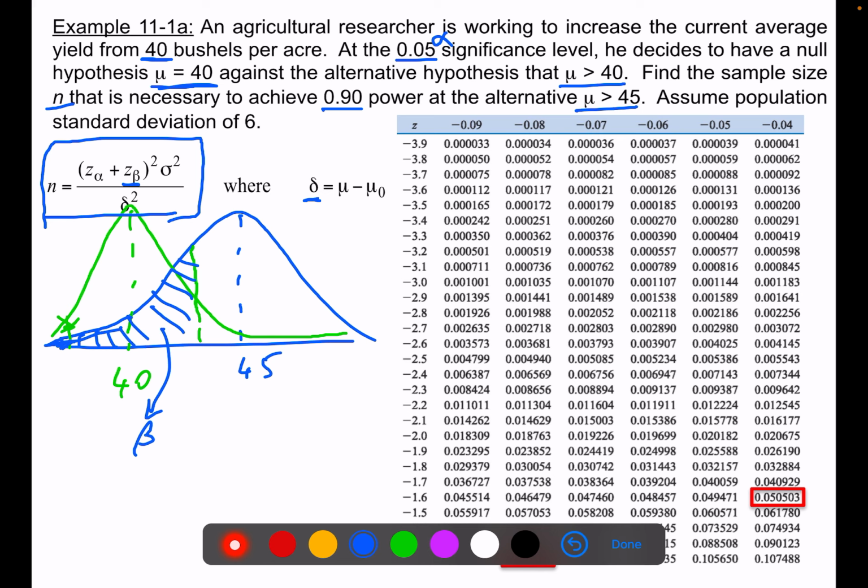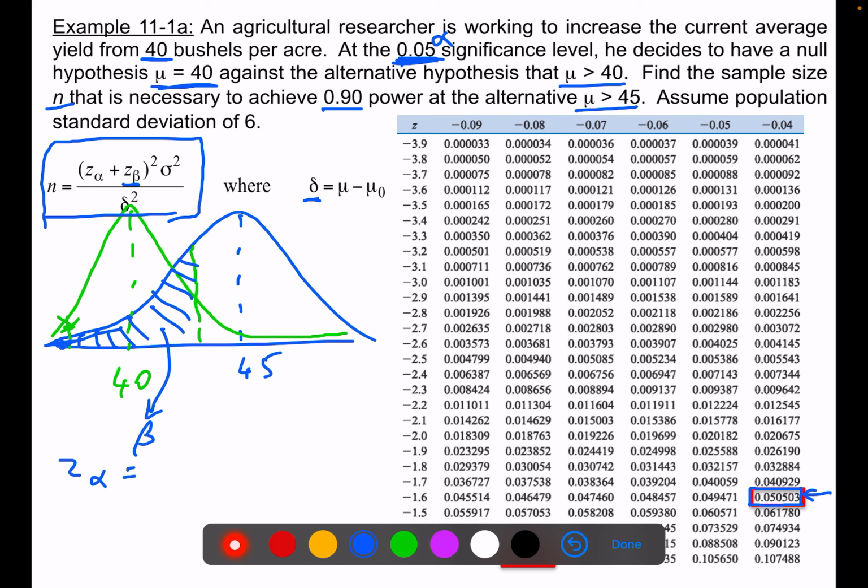So for 0.05, the closest number that we see is here, right? And that is this row. So this row is 1.64, which we saw before. So Z of alpha is 1.64.